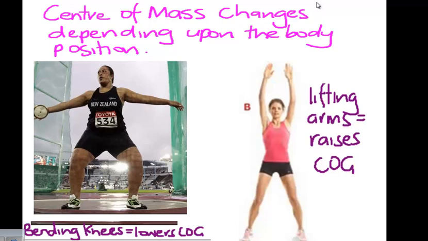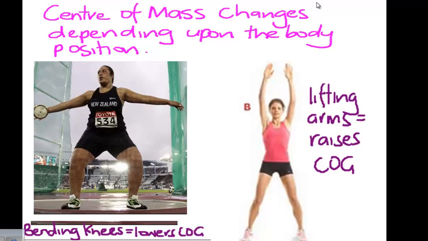We also need to know that centre of mass changes depending upon the body position. For example, you can see Beatrice here in the discus picture. Her centre of mass is lower because she is bending her knees.